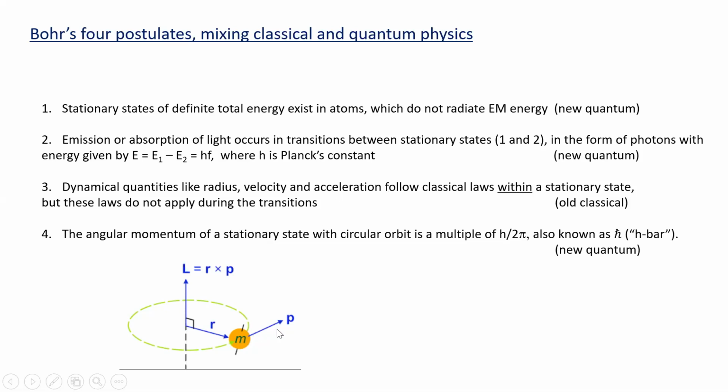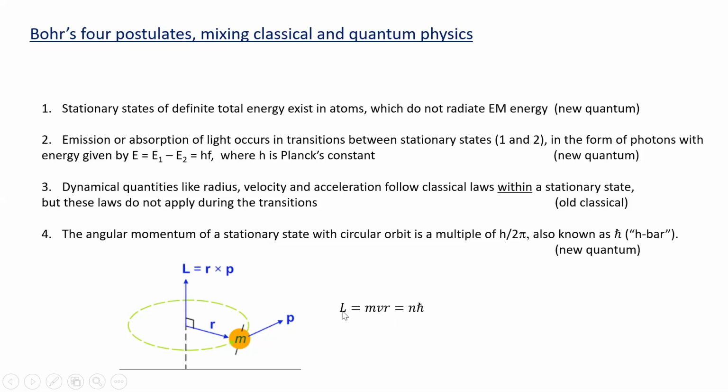Momentum is m times v. Because this is a circular orbit, r and p are perpendicular to each other. So in the cross product, the angle is 90 degrees. The sine of that 90 degrees is 1, and so we just get r times p, or r times mv.